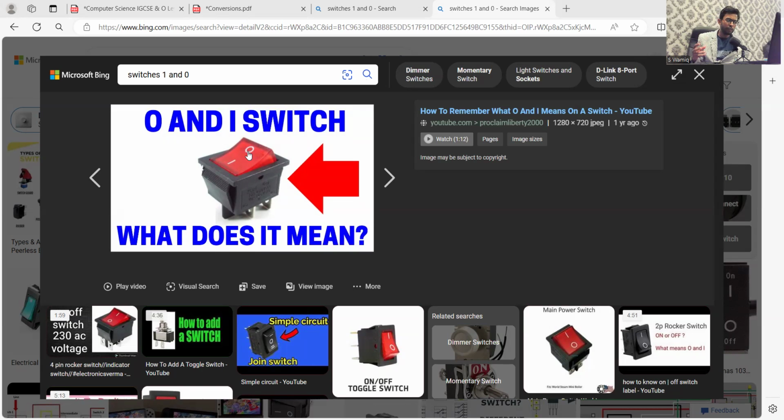Now, if I discuss the structure of this switch, if I remove the top red button, you can see some sort of wires. That makes this an example of a circuit. And why is it a circuit? Because if you turn it on, it facilitates electricity. If you turn it off, it turns off your electricity.